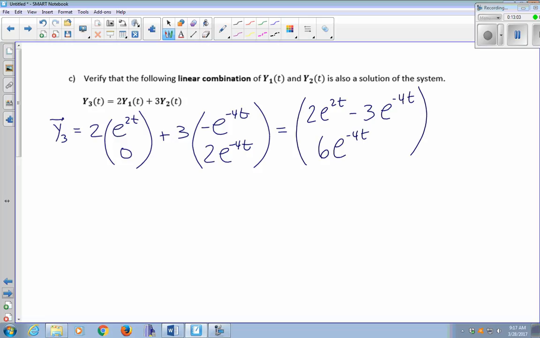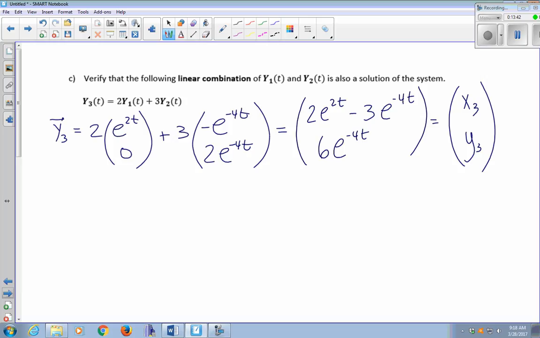So this is 2e to the 2t, and this is 2 times 0. Nope, because 2 times 0 is 0, right? Plus, and then 3 times 2 is 6. And then this is your x3, y3. So x3 is this new function, and y3 is this second entry.